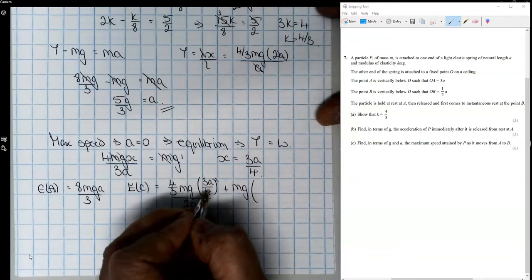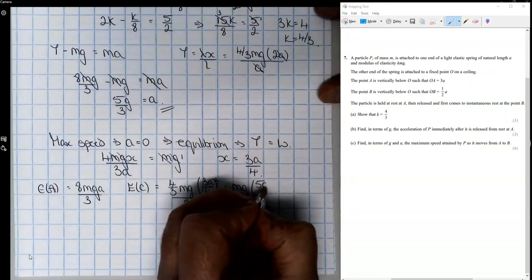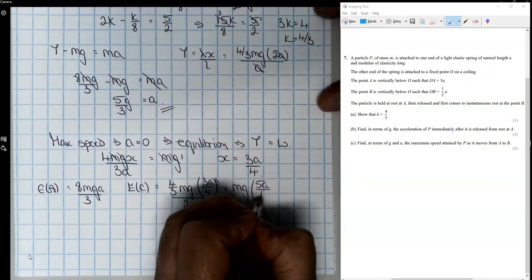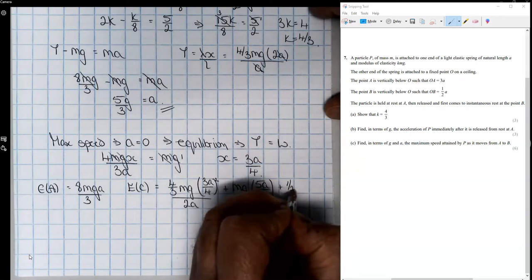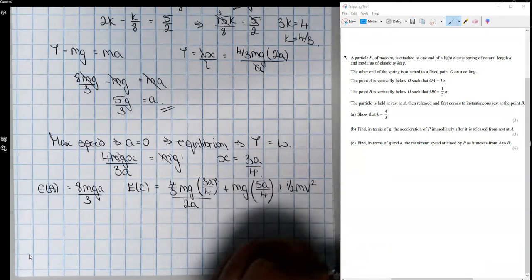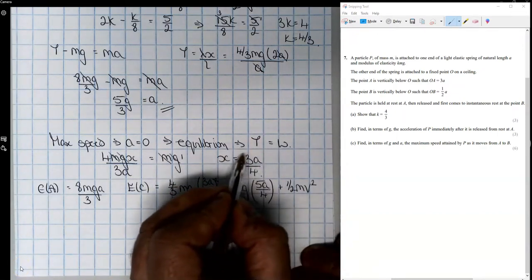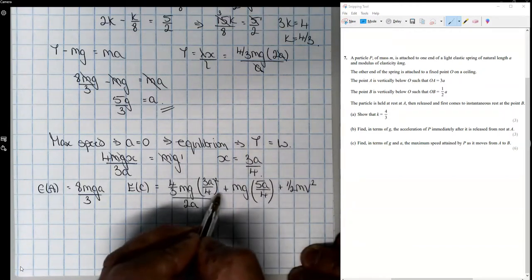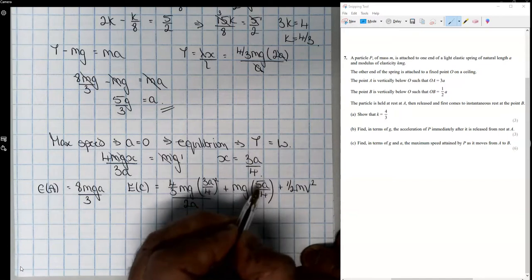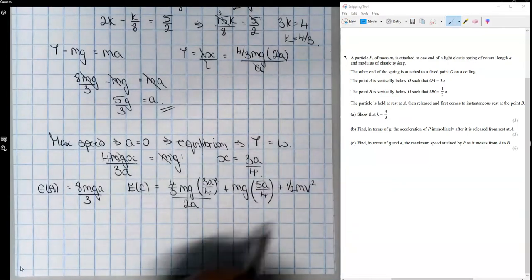So 3 over 4, take off from the 2a, gives us 5a over 4, plus half mv squared. Just to be clear, because the original extension was 2a and the new extension is 3a over 4, 2a take away 3a over 4 will give us the height it's risen.